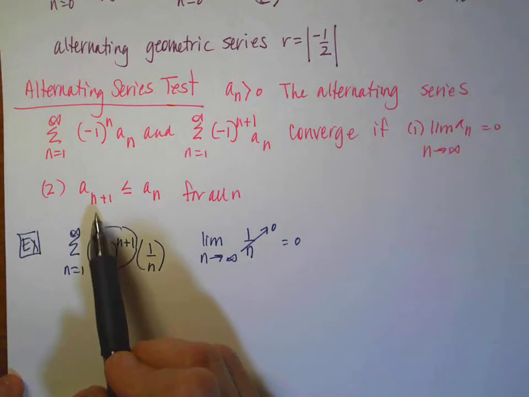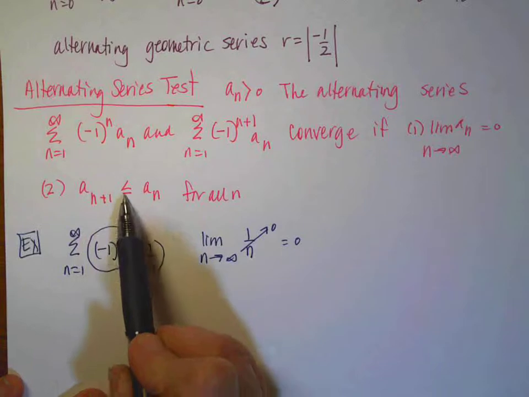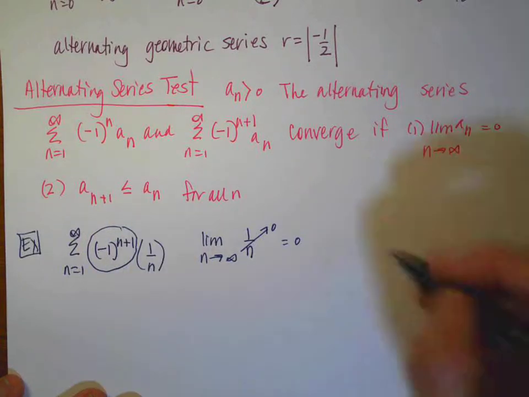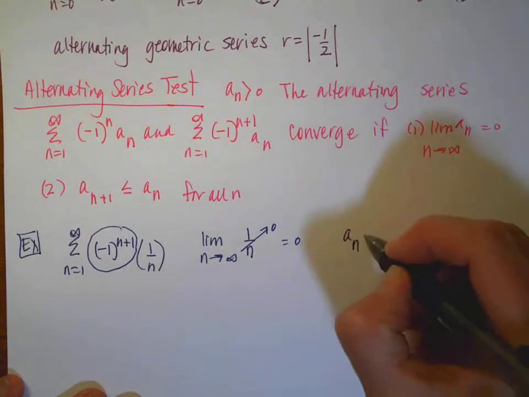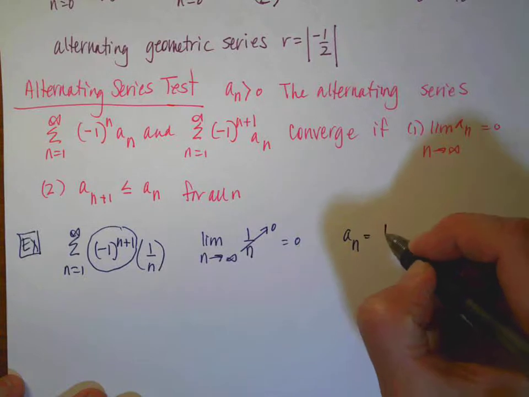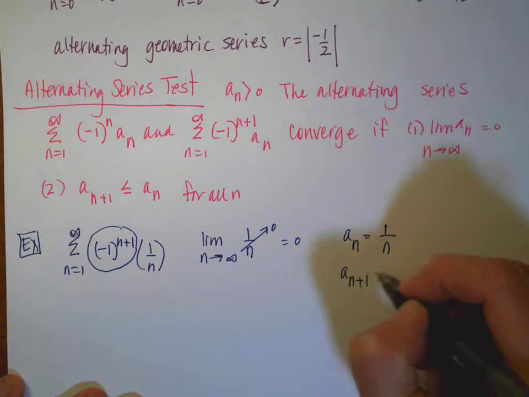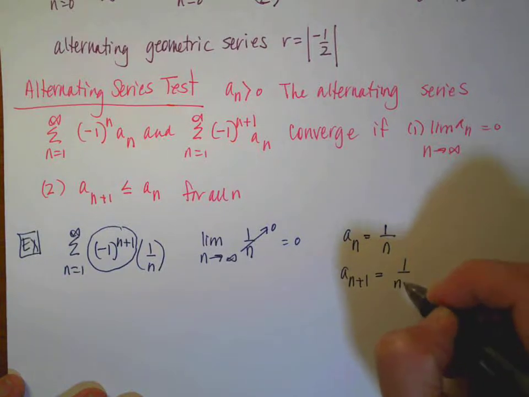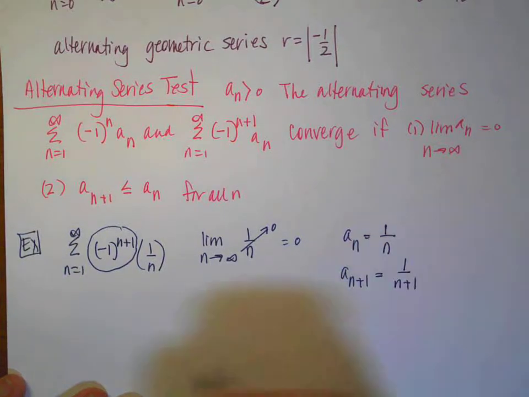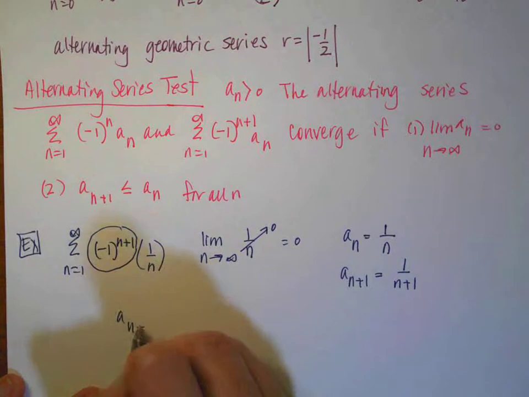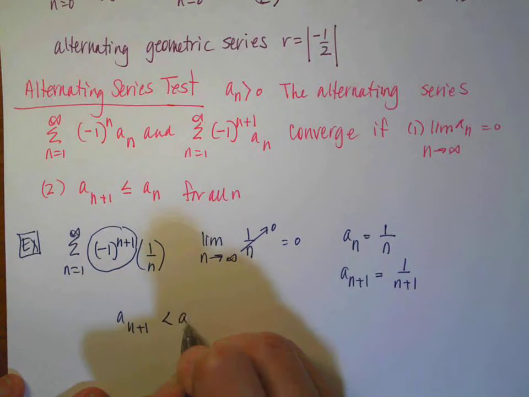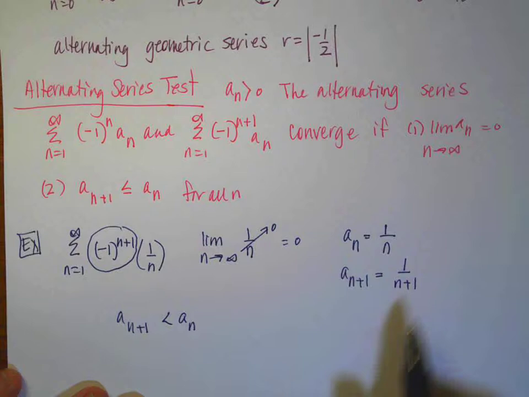So then I want to show that the next term is smaller than the previous term. So I'm going to say a sub n is equal to 1 over n, and a sub n plus 1 is going to equal 1 over n plus 1. Well, then I just want to show that a sub n plus 1 is going to be less than a sub n.